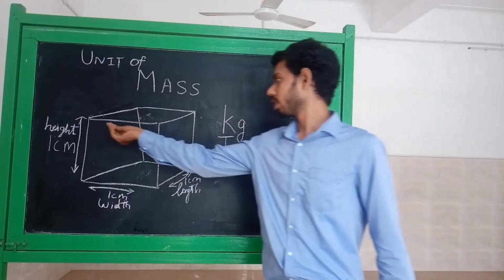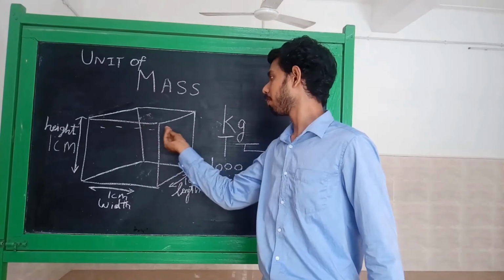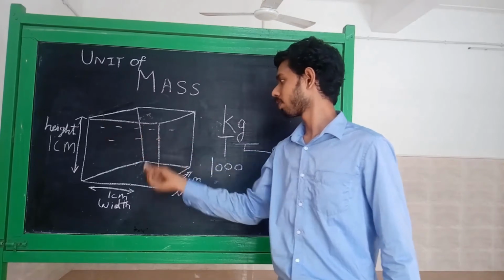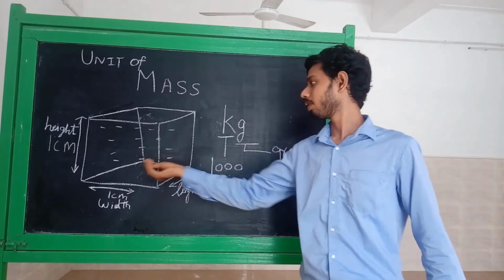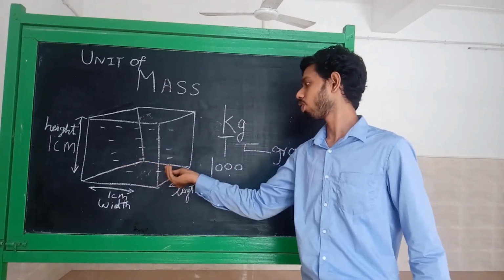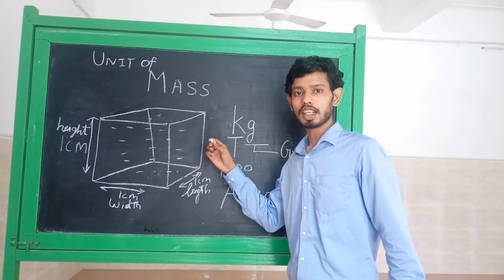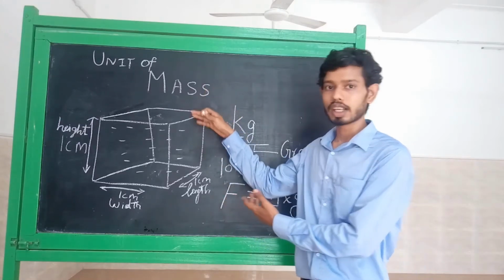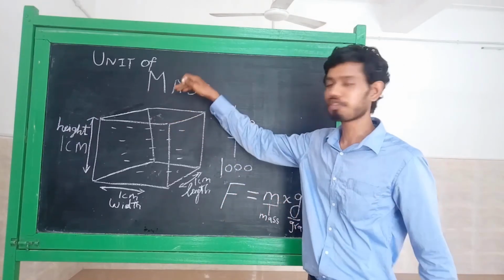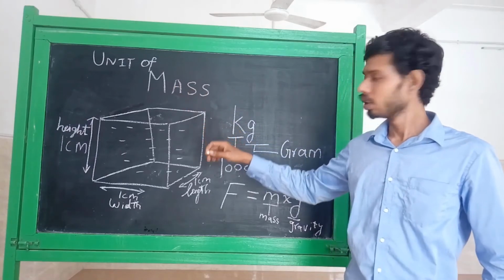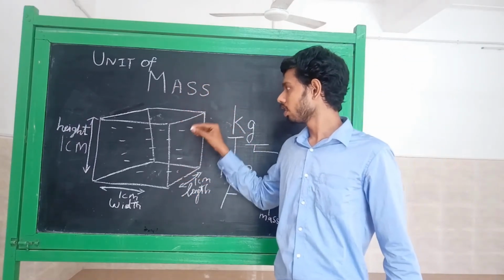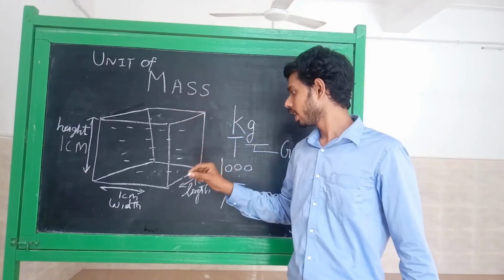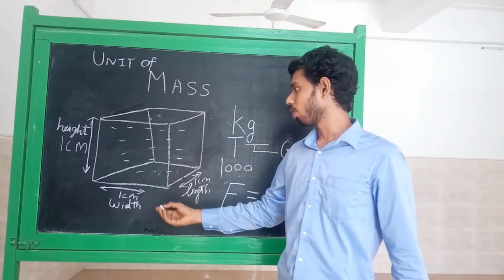That is, the cup should be filled completely with water, and the weight of this cup must be measured. So, what is weight? Weight is the amount of force acting on this cup of water. The force acting on this cup will be gravity.